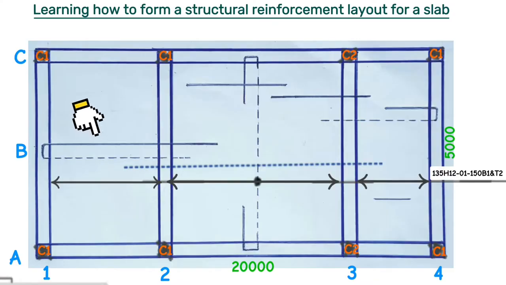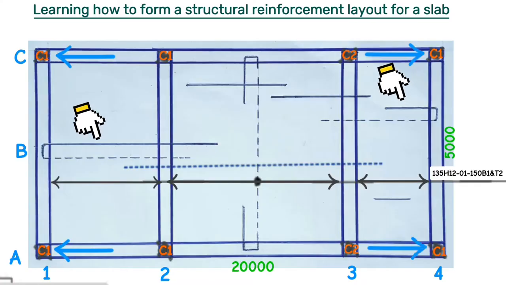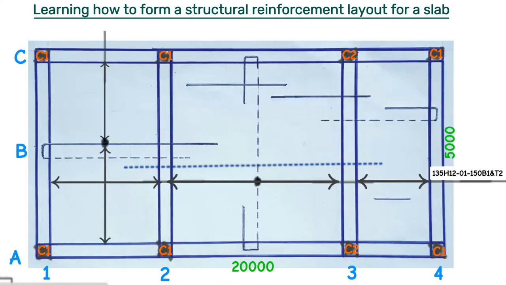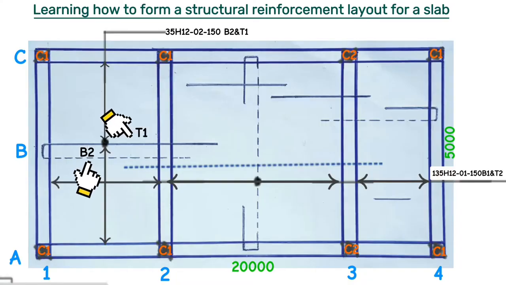Therefore, this steel bar shape starts from here up to here. Same this side also. So if we are to name or describe them from the rest, this will be 35 steel bars of H12, bar mark 02 at a spacing of 150 mm center to center for bottom 2 and top 1. This is the bottom 2 part and this is the top 1 part.